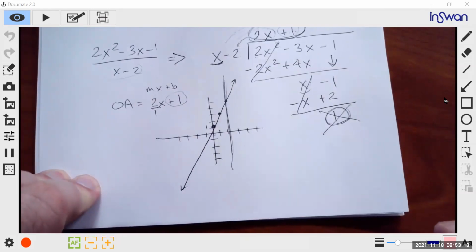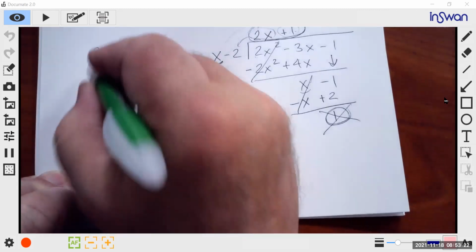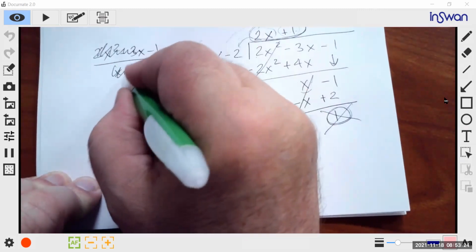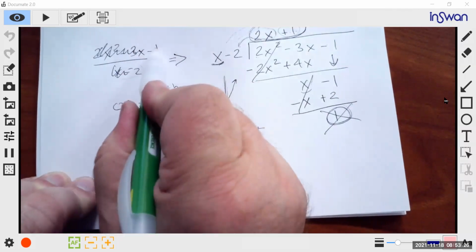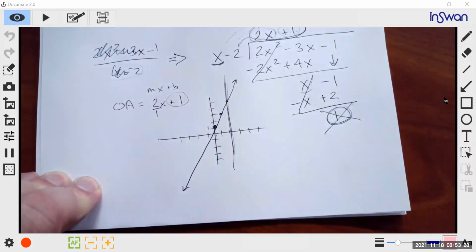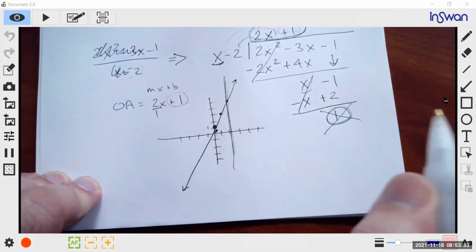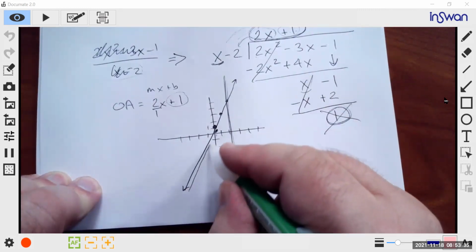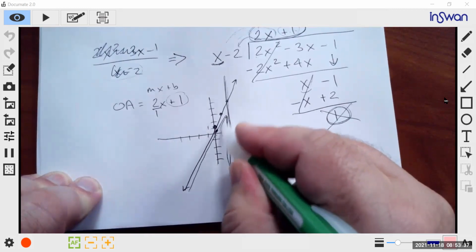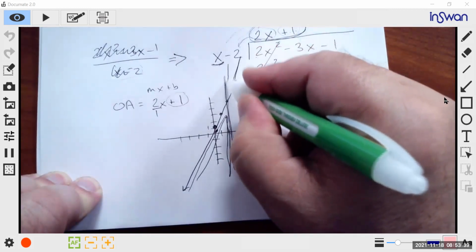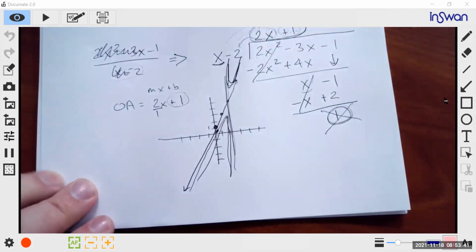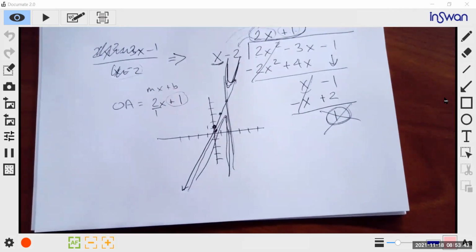If you remove all the x's, what do you get? Just erase them. -1 over -2, which is 1/2, which is right about there, which means our graph will look something like this. It'll stay within those lines.